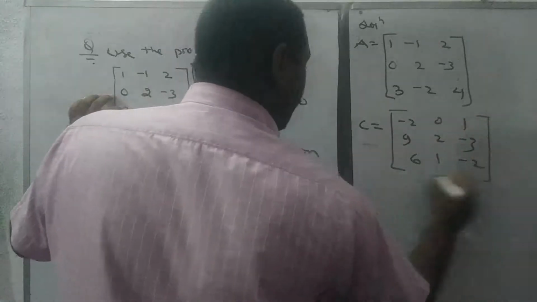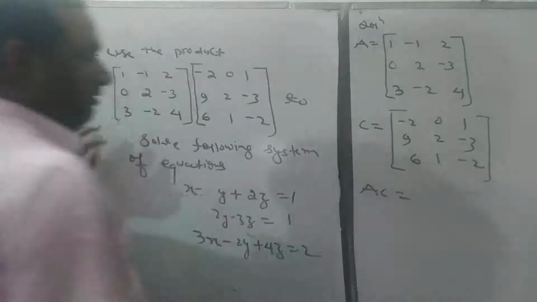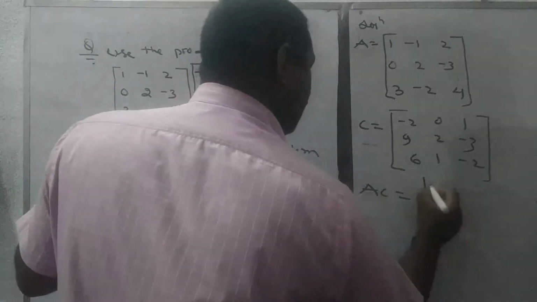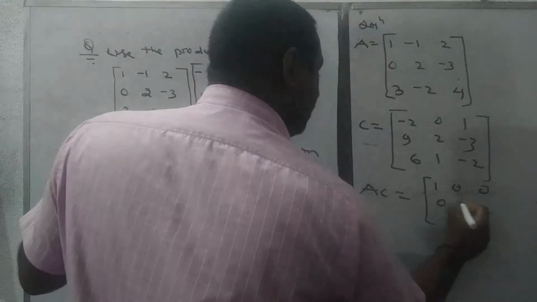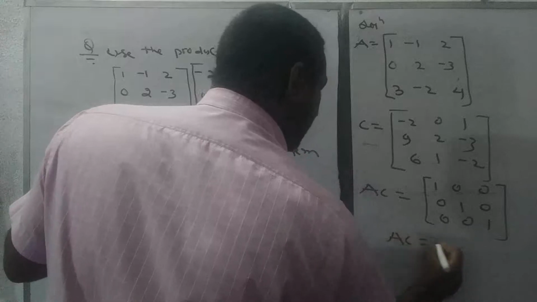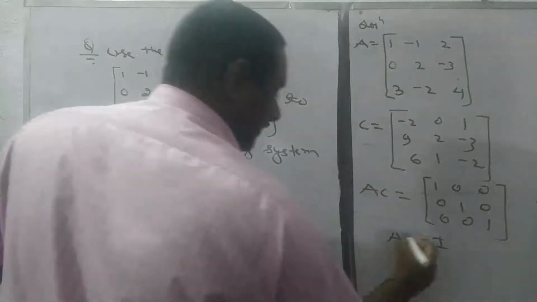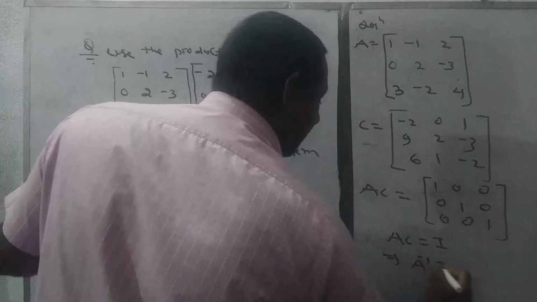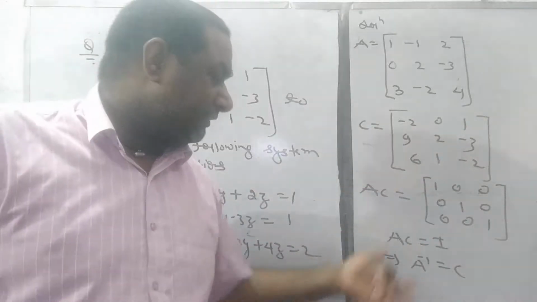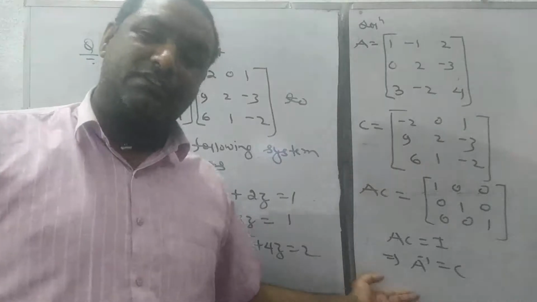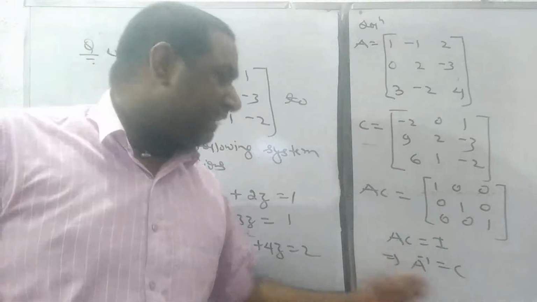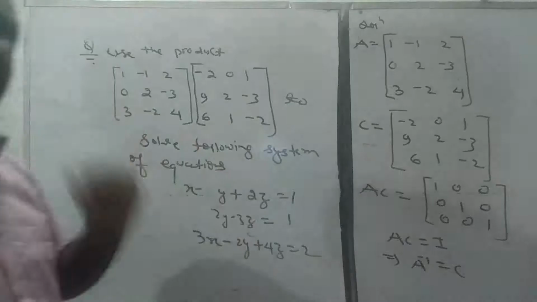If you perform the calculation, the product AC, in this way you get 1, 0, 0, 0, 1, 0, 0, 0, 1. So what we are observing is that the value of AC is the identity matrix. But this happens only when A inverse is equal to C. So by using this product, see how easily the inverse of A is evaluated here. A inverse is equal to the given value of C.